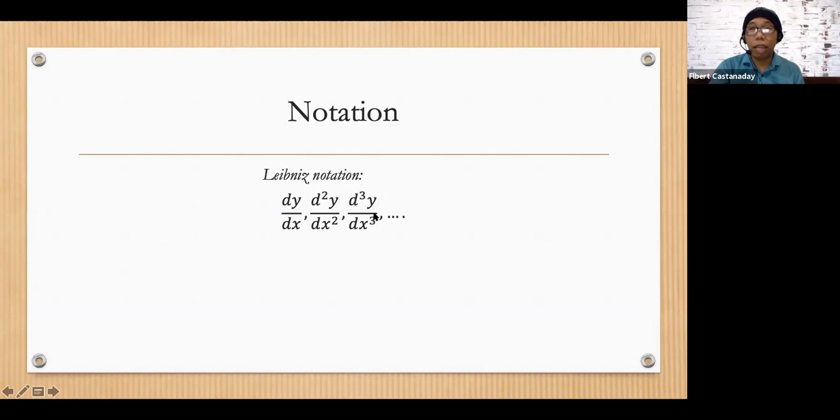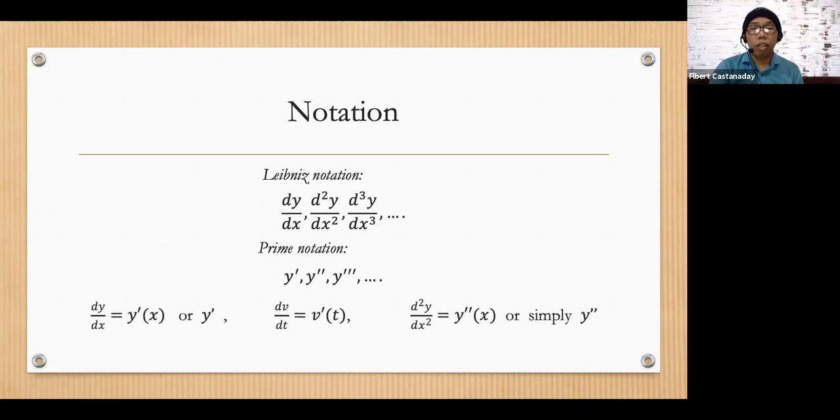These are Leibniz notation. That's the common one we see. The next one is the prime notation, wherein you can see y prime, y double prime, and so on, to represent the derivative.